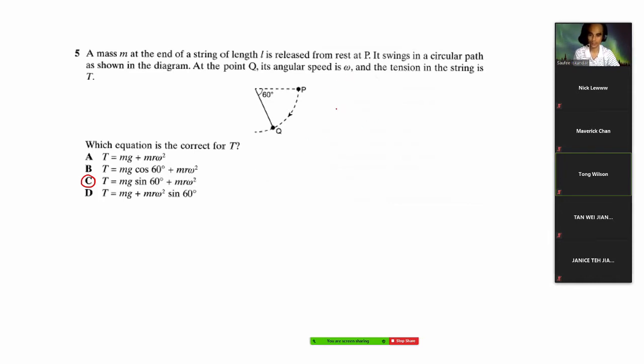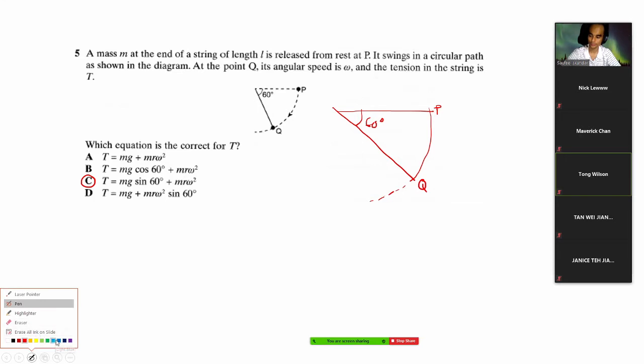So first, we draw a bigger diagram. This is P, and this is Q. Then it will continue to fall down. So I'm going to draw a force diagram on the string.